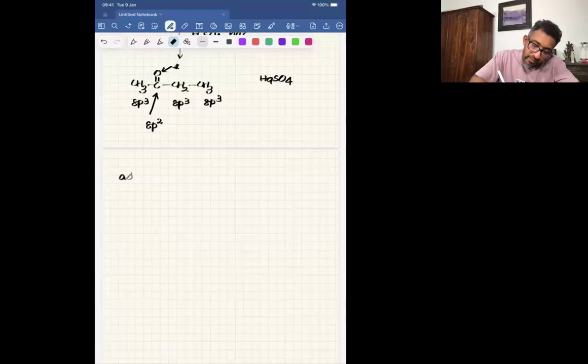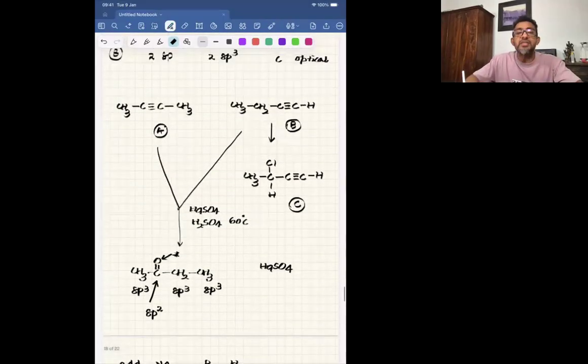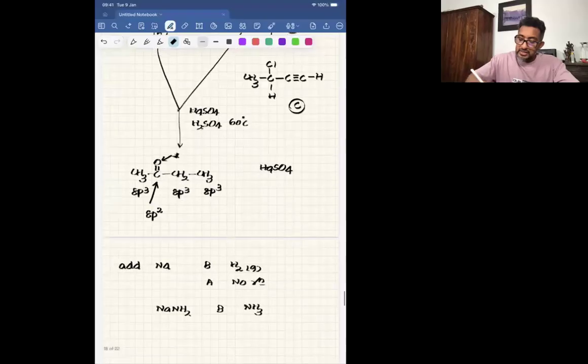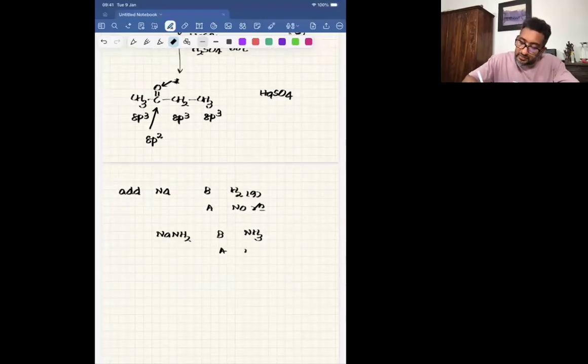Add sodium: B gives hydrogen, no reaction in A. Add sodamide, NaNH2: B gives ammonia because it has terminal hydrogens. B has terminal hydrogens, and A, no reaction.